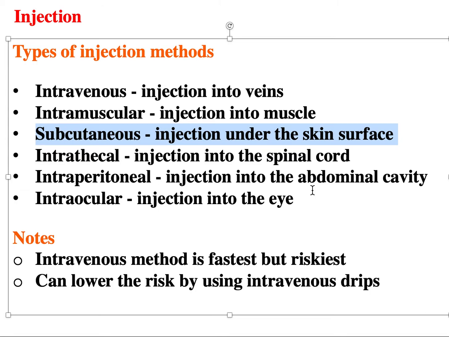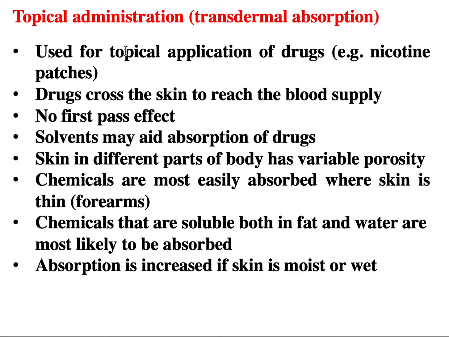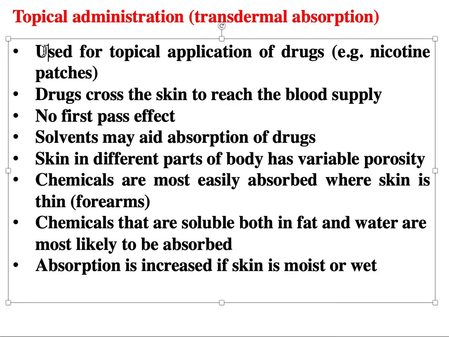So IV is fastest but riskiest, and you lower it by doing an IV drip, so you're just getting a little bit IV at a time. Topical, of course, the most famous is going to be a nicotine patch. You can aid the absorption of drugs with solvents, a lot of this is going to be DMSO, for example. And it's easier if the skin's wet.